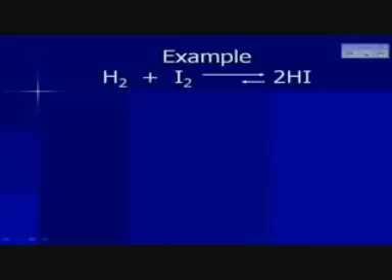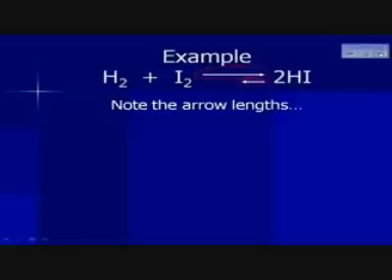Here's an example. If you take hydrogen and iodine and react it to make 2 hydrogen iodides. Note the arrow length. The arrow going to the products is really long, and the arrow pointing back towards reactants is really short. What do you think that means?